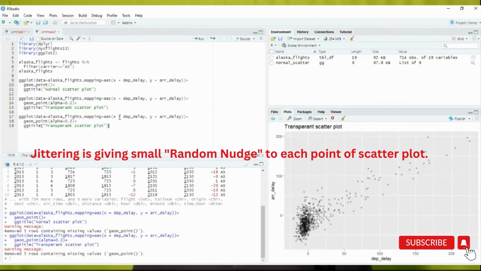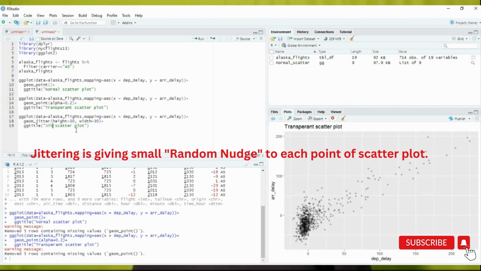Coming back to the second solution to address the overlapping issue, jittering points. Jittering means we give a small nudge in a random direction.